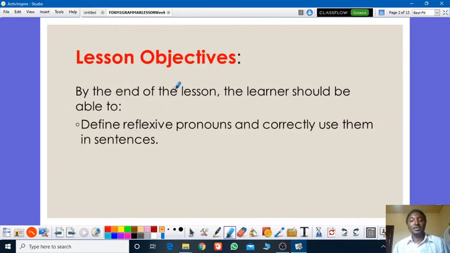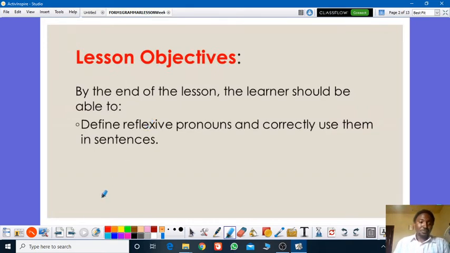By the end of this lesson, you should be able to define a pronoun and also define a reflexive pronoun, give examples and use them correctly, both in writing and speaking. You should be able to define reflexive pronouns and correctly use them in sentences. That is what you should be able to do by the end of this lesson.